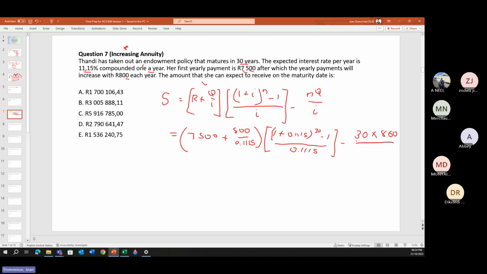And that we also divide by the interest rate. That we must just make sure, and not 1115. Okay, so let me quickly check. The 800 divided by 0.1115 will give you 7174.